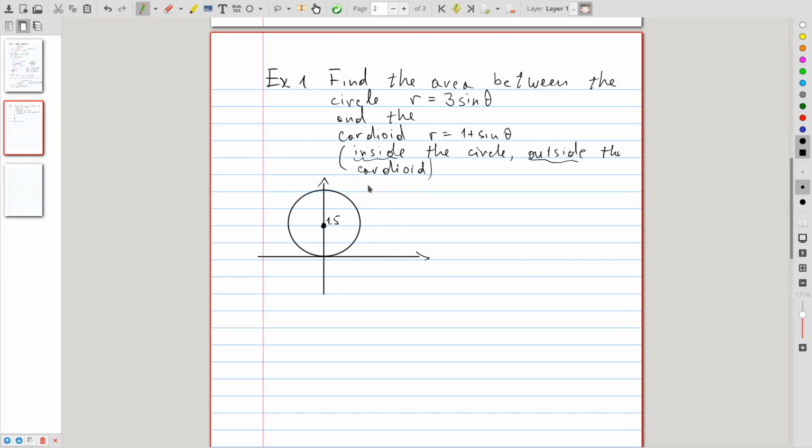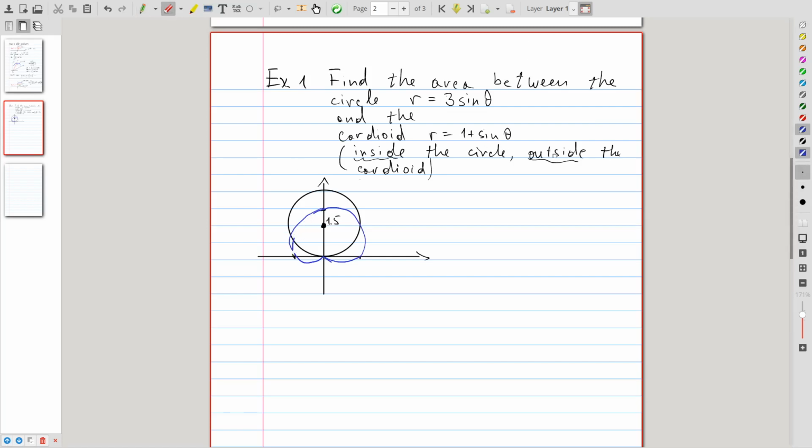And the cardioid we have already sketched before, and we saw that the cardioid has intercepts 1, let's say 2 and 1 over here, and its rough sketch is as follows. Something like this.